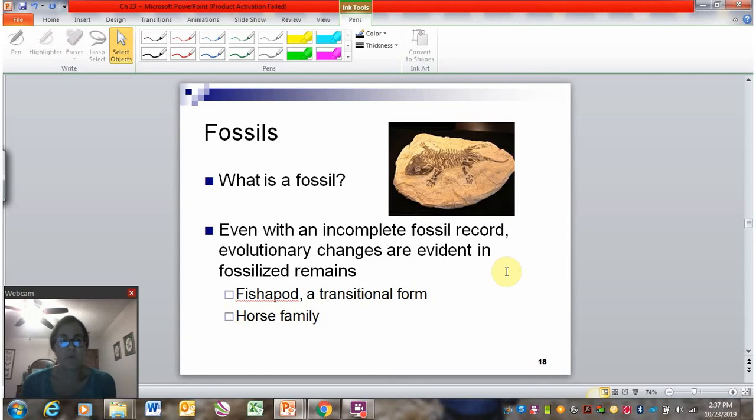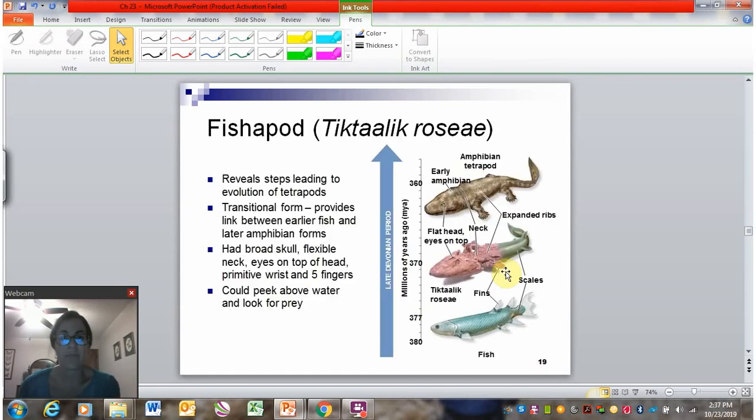But even with an incomplete fossil record, it still shows us how organisms change over time. Two classic examples include Fishapod and the horse fossil history. Fishapod is the fun name for Tiktaalik. Tiktaalik was a fossil that was found relatively recently, about 20 years ago.